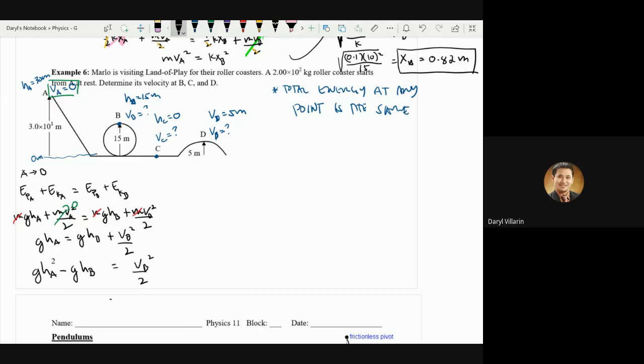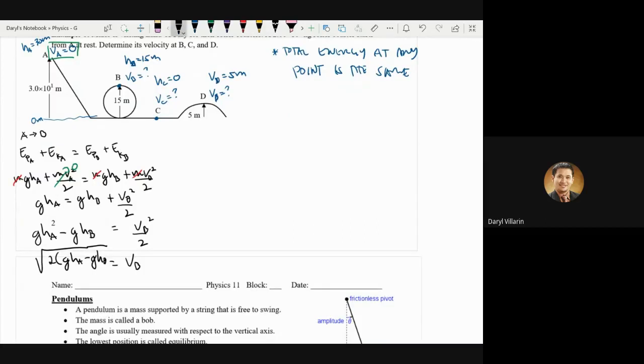So solving for V sub B, this should be the square root of 2 times the difference of g h sub A minus g h sub B. And if I substitute the values, kindly check: 2 times 9.8 multiplied by HA.